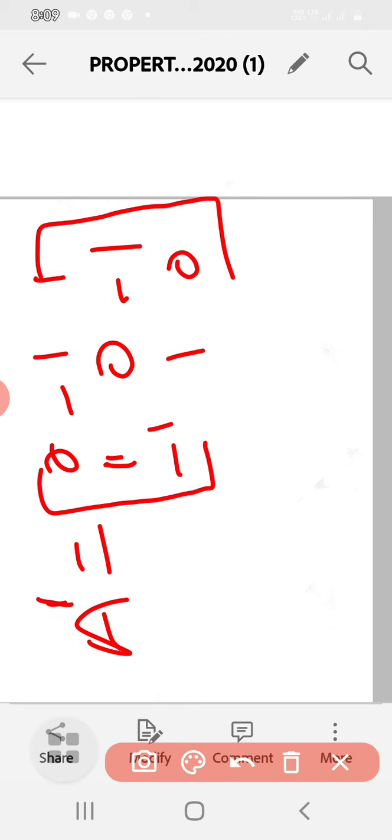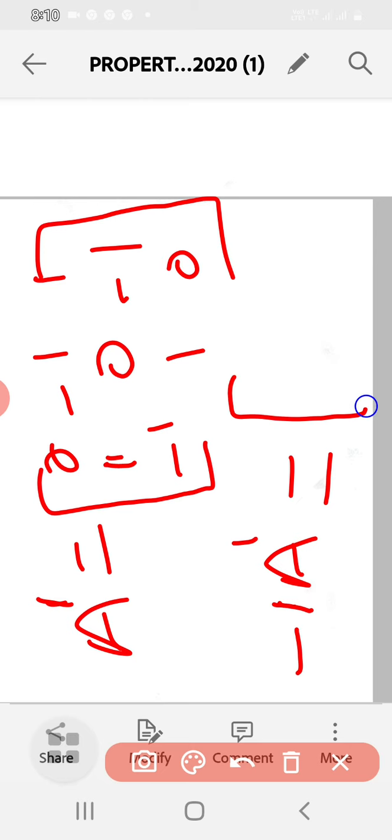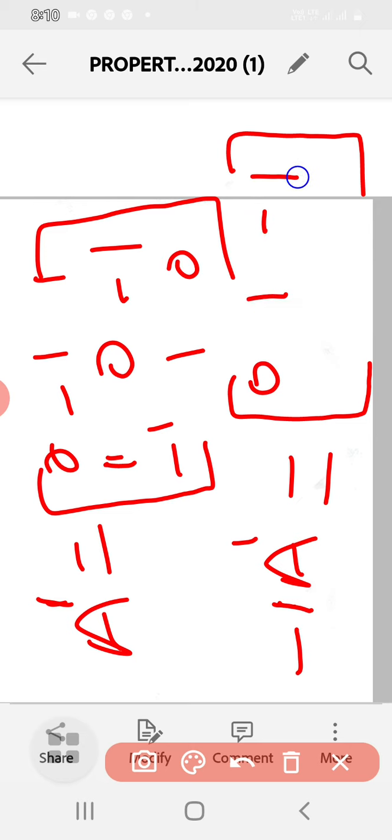Now let us multiply both sides by minus 1. Minus 1 is a scalar, so we get minus A dash. Multiplying every element by minus 1: 0 into minus 1 is 0, minus 1 into minus 1 is 1, minus 1 into 1 is minus 1, and so on, with the last element 0.